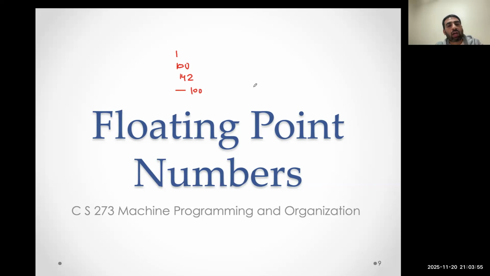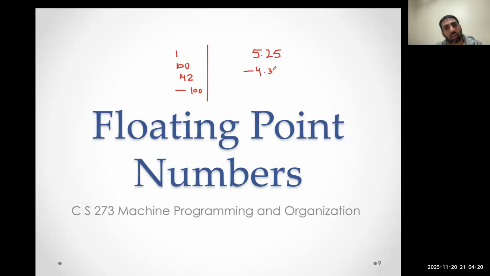But we have not talked about how we can represent floating point numbers, or let me say numbers which have a fractional part. For example, we have not seen how to represent 5.25 in binary form and how we can store it in digital hardware, or how we can represent -4.31.